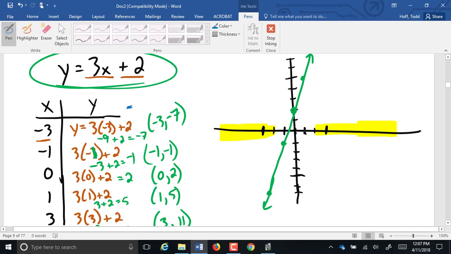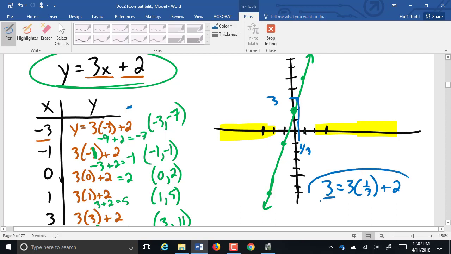Well, what does that graph really mean? Every point on that line is a solution to this equation. If I pick this point here and trace it down, that is x is 1/3 and y is 3. If I put in 1/3 for x, it would be 3 times 1/3 plus 2, and the value I'd get for y would be 3.